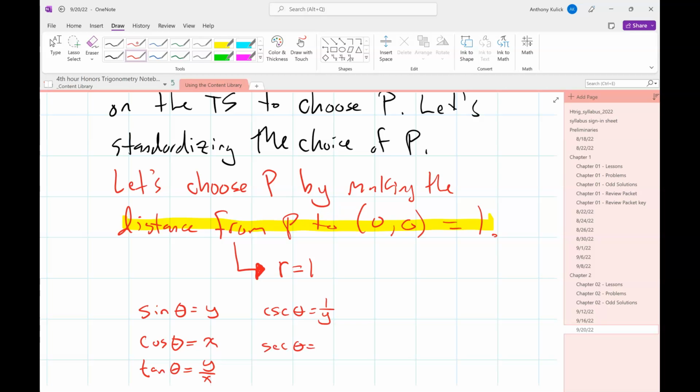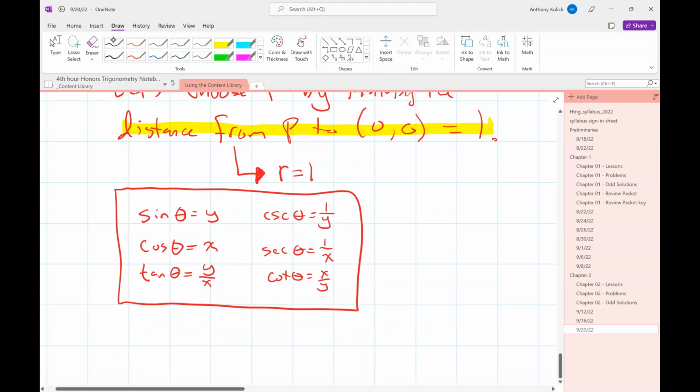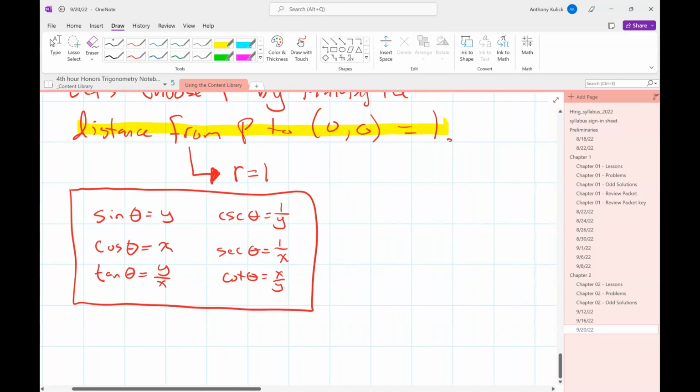Secant was r over x, that becomes 1 over x. Cotangent was x over y, it becomes x over y. Okay, big flippin' deal, Mr. Kulik. Who cares? Well, let's examine a little bit more closely what just happened by doing this.